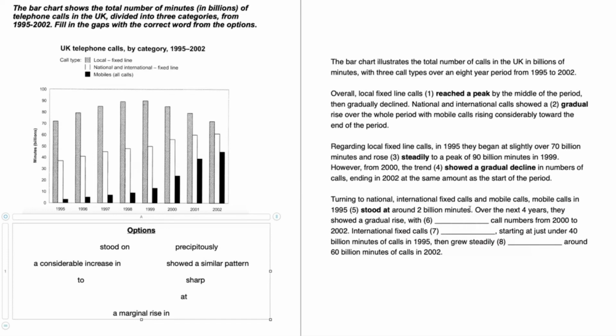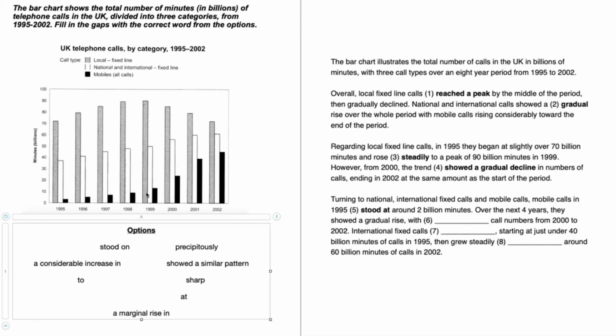Next, we see over the next 4 years, they showed a gradual rise. Again, we're still talking about mobiles, with blank call numbers from 2000 to 2002. So we're looking at 2000 to 2002, what happened? And if you look at this gradual increase from 1995 to 1999, you see it's somewhat different in 2000 to 2002.